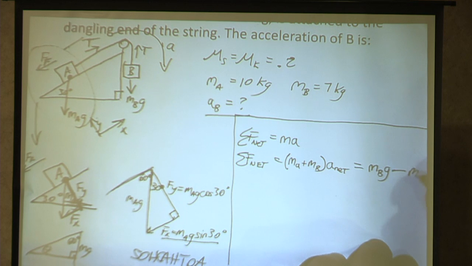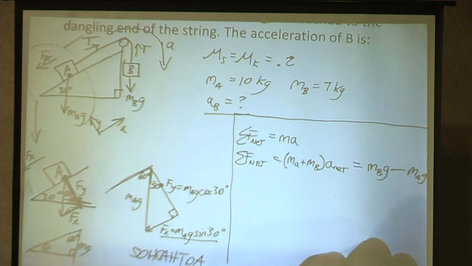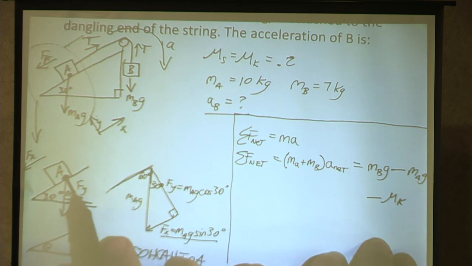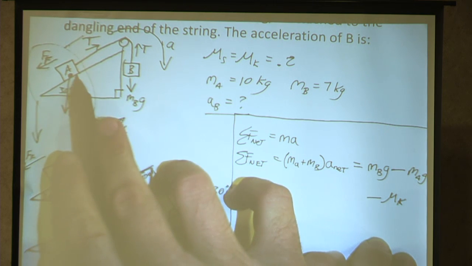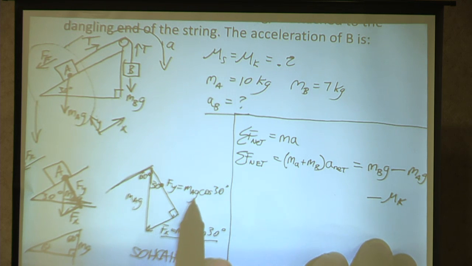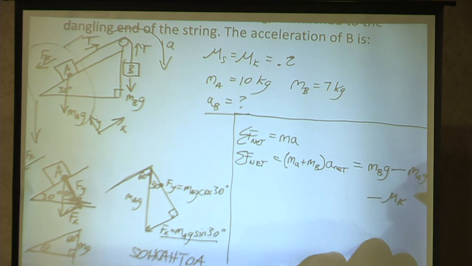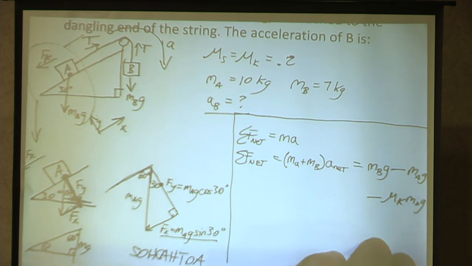So minus MAG sine of 30. And then I'm going to do minus friction. What's the equation for friction? We have mu k times the normal force. The normal force, as I said before, acts perpendicular to the plane. And we found that right here with m times cosine 30. Yeah, I'm sorry.